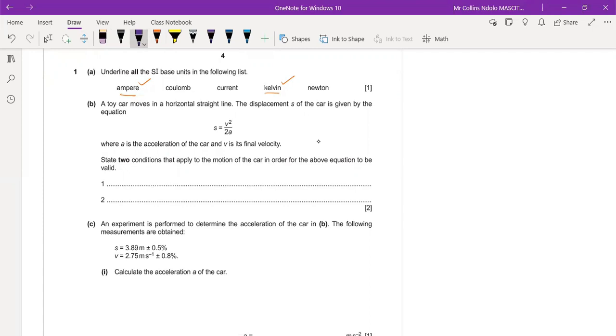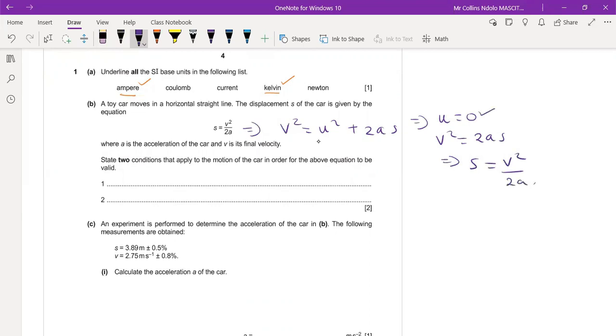If you look at this equation, it is derived from the kinematic equation V squared is equal to U squared plus 2AS. Now, for us to get this, the initial velocity U must be 0. So if U is 0, we have V squared is equal to 2AS, and therefore S is equal to V squared over 2A.